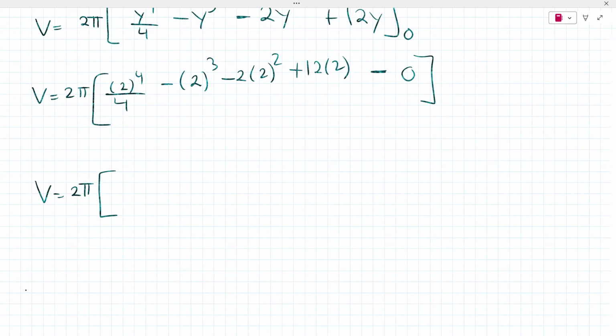And when you put it all together, I think this is going to be 12. So 12 times 2 pi, your volume will be 24 pi. Okay, let's do one more.